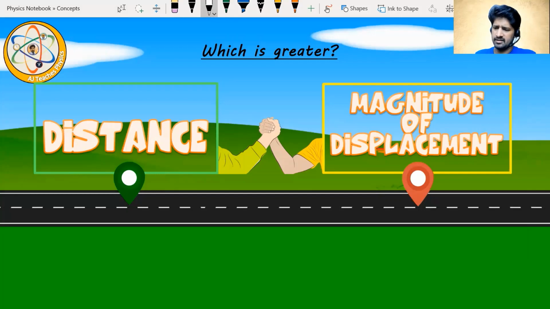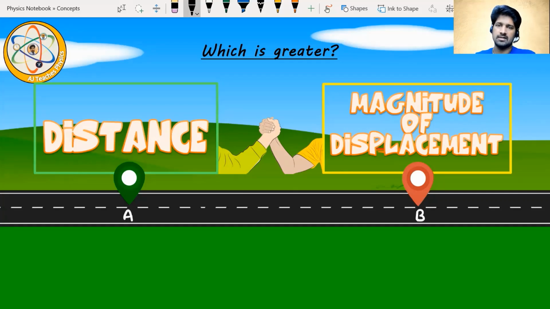In a certain journey, let's say we had to compare the distance covered by an object and the magnitude of its displacement. Assume the object moves from position A to position B on this straight line. So initially it was at A and finally it is at B. We shall consider all possible cases and generalize the relation between distance and magnitude of displacement.